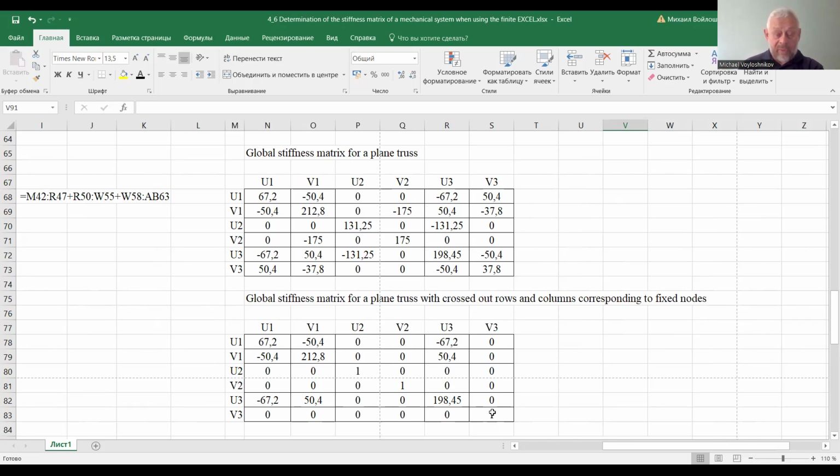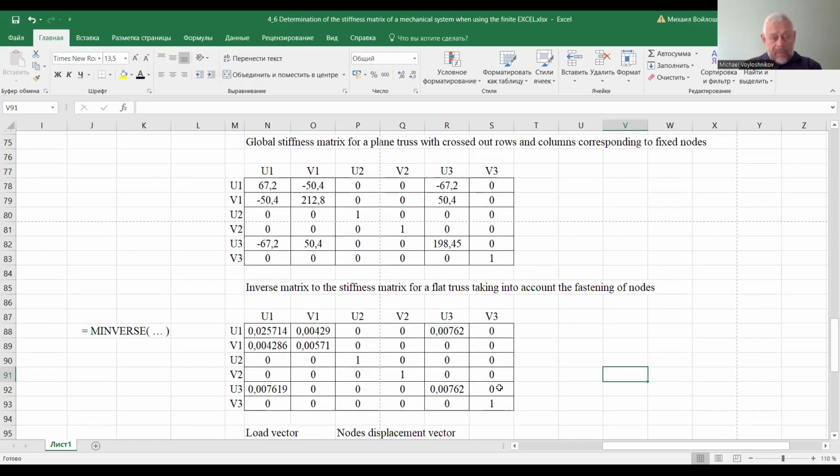So V3 not possible. We specify 1 as well in the matrix of stiffness, and for these 3 ones we exclude all other elements from the stiffness matrix.